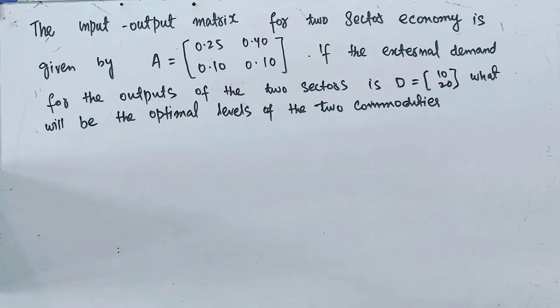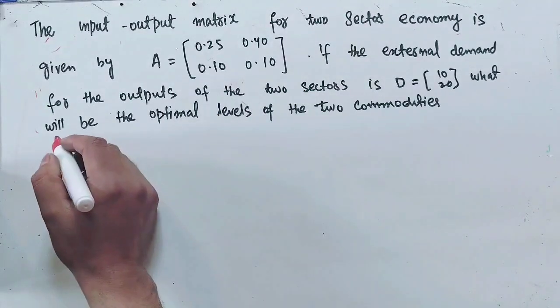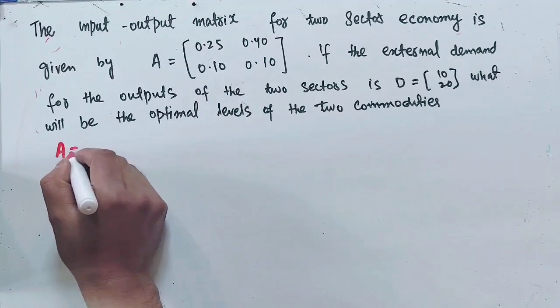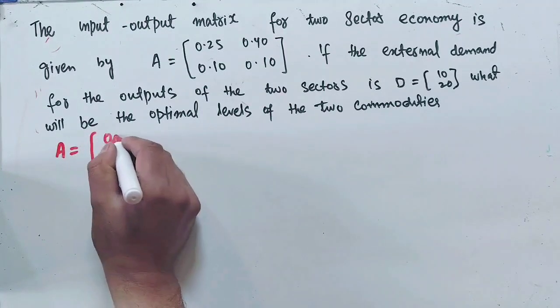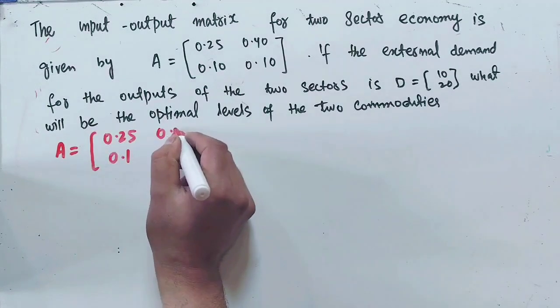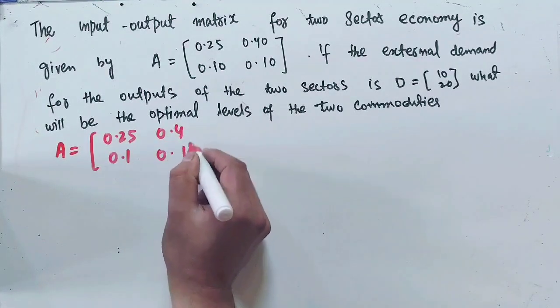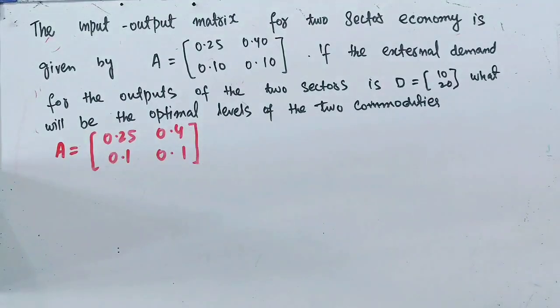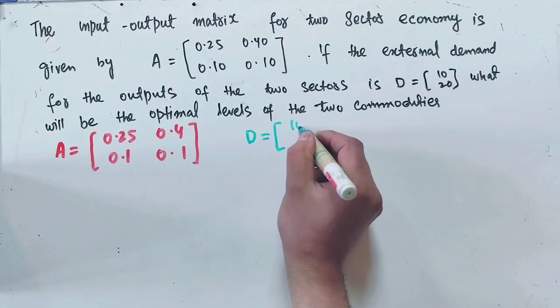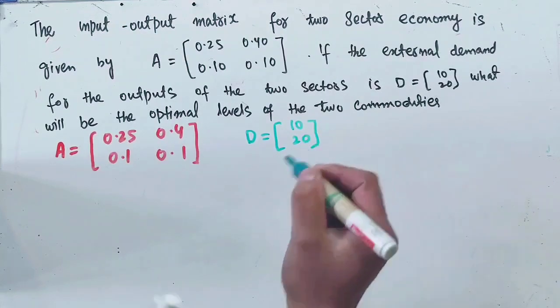In the input-output model, we have the technology matrix or input-output matrix, which is A is equal to 0.25, 0.1, 0.4, 0.1. Also we are being told that the final demand is 10 and 20.